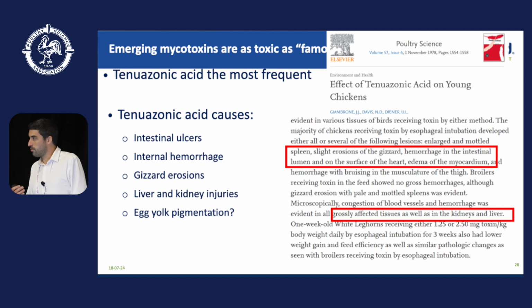Also, based on my own observations around the world, I already detected some layer producers that observed that when there is a high exposure to tenuazonic acid, it seems that there is some alteration in the pigmentation of the egg. So probably in the coming years we will be able to demonstrate scientifically this impact of tenuazonic acid in the pigmentation of the eggs.